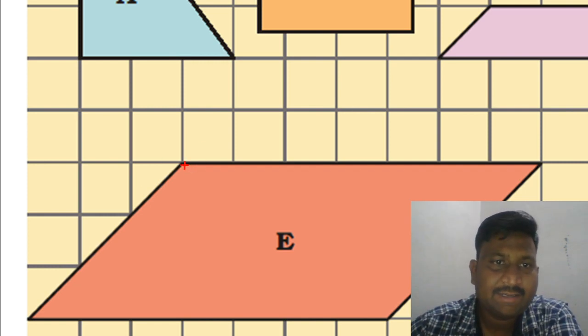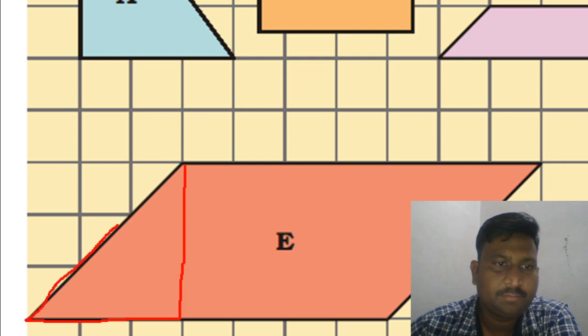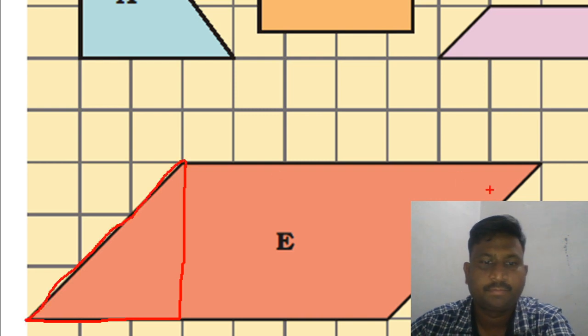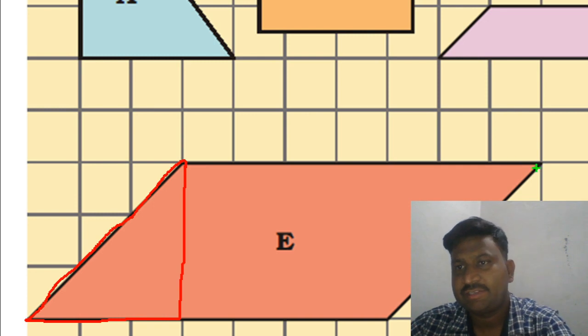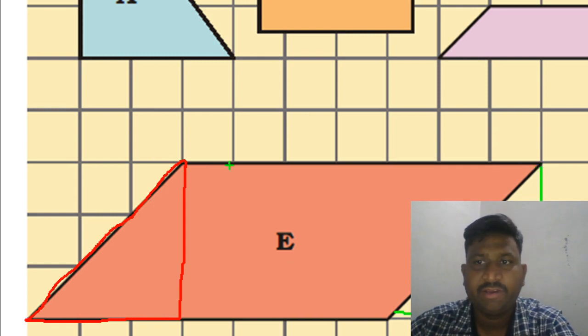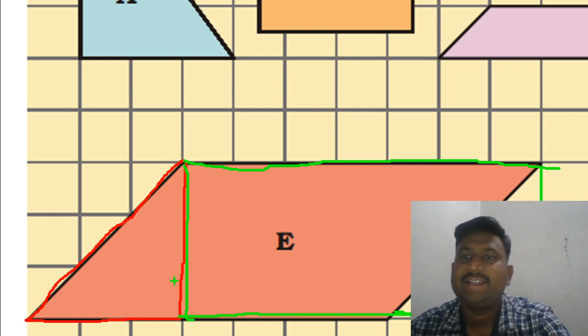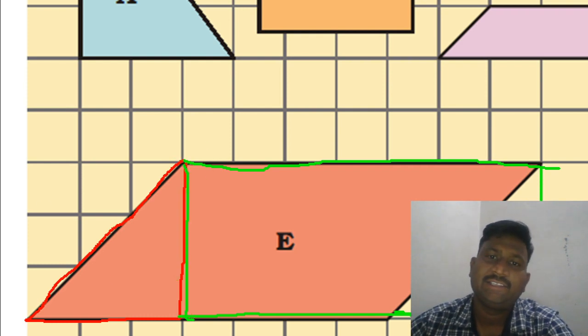Okay, let us move towards E. If I cut this triangle and paste here, so from here to here, I have all the squares complete. This cutting is done so that this shape starts from the square sheet lines.